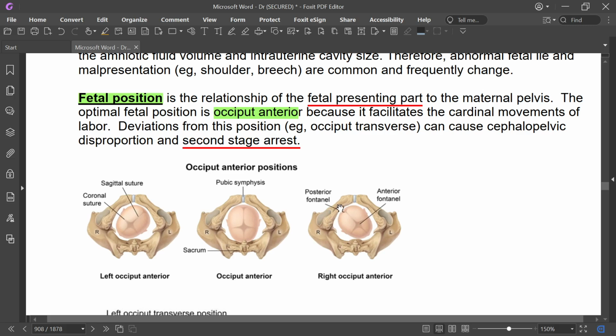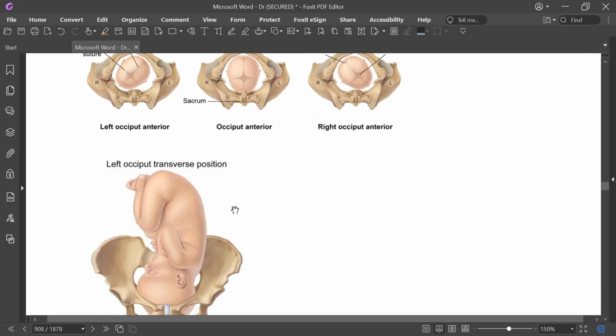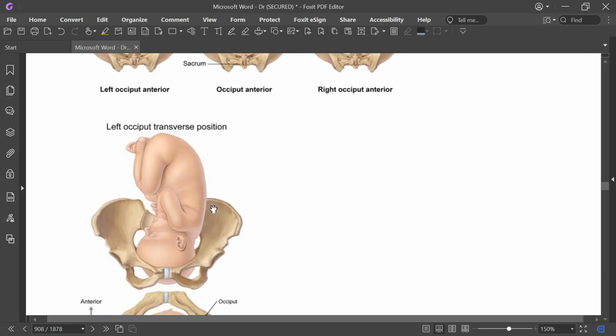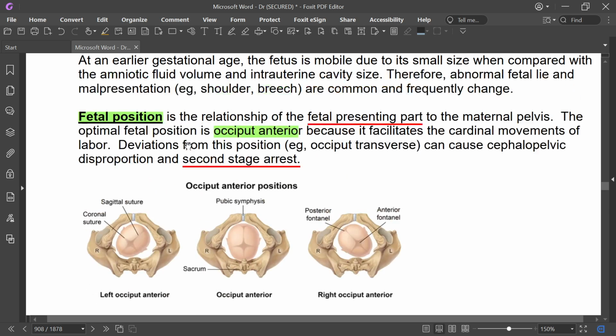This is right occiput anterior. This is the left occiput anterior. This is occiput anterior. This is left occiput transverse position.